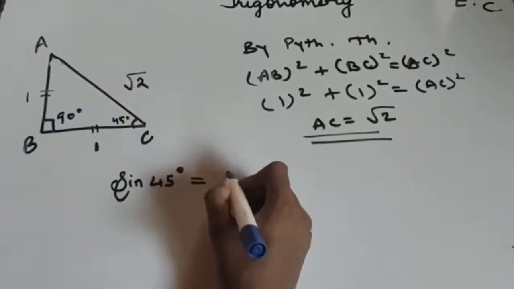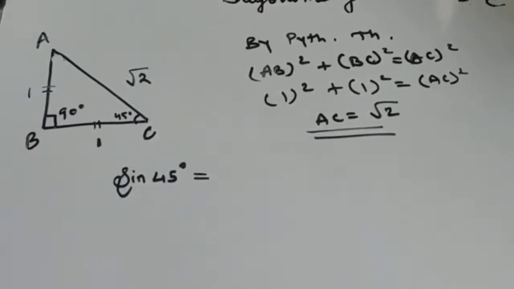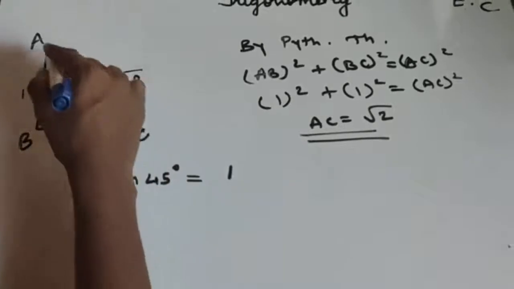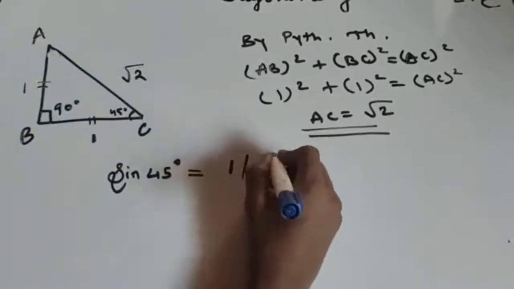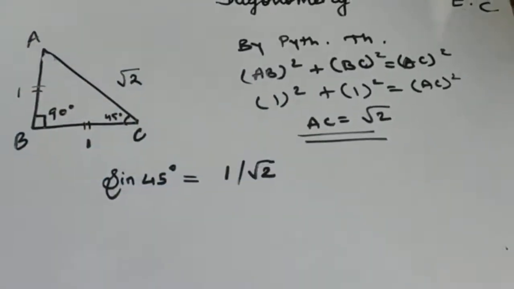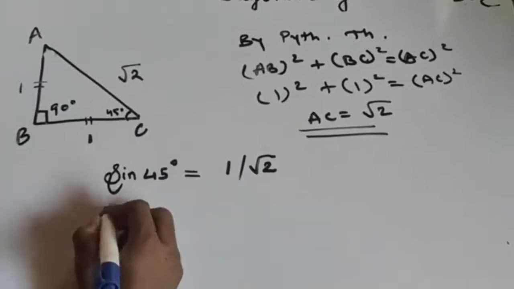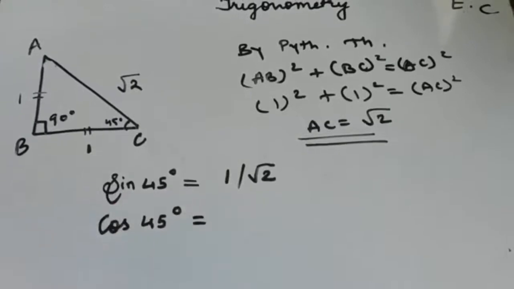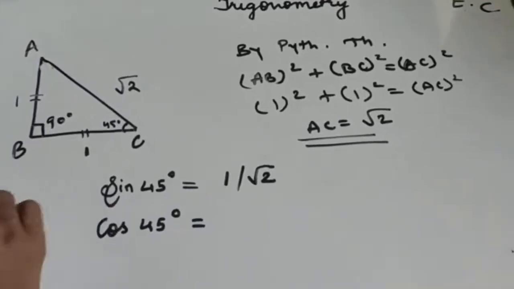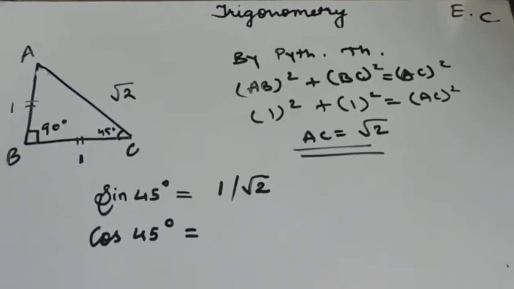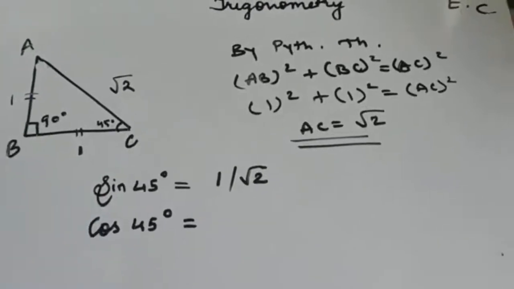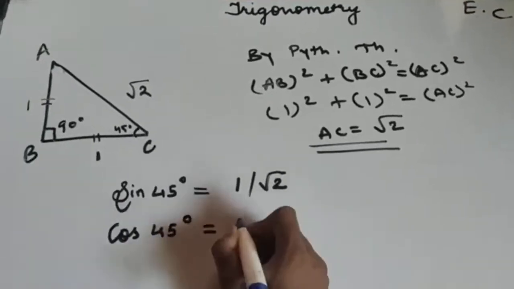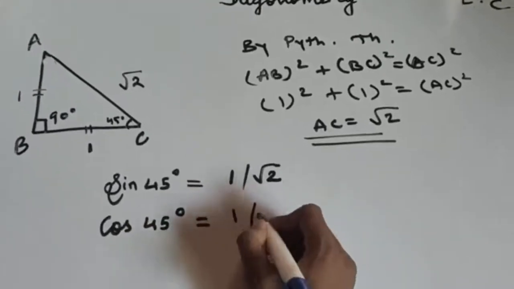I'm not going to repeat it again. So the opposite side, that is side AB, is 1 upon hypotenuse, that is AC, which is root 2. Now for cos 45, it is adjacent side upon hypotenuse. So here the adjacent side is side BC and the hypotenuse is side AC. We have BC equal to 1 and AC equal to root 2 again.